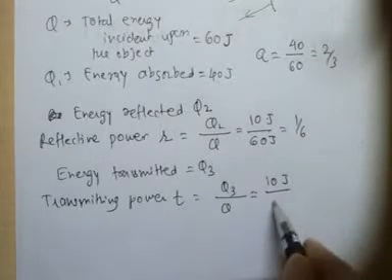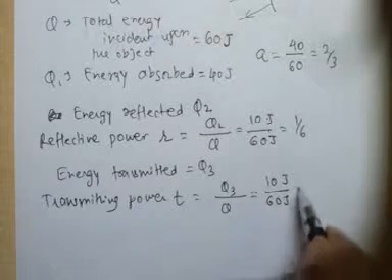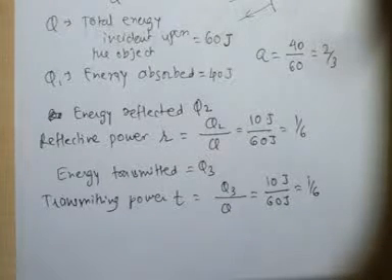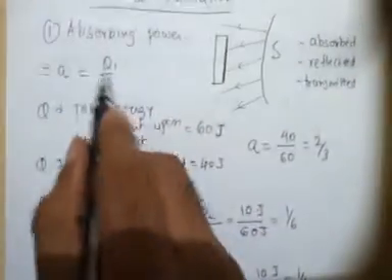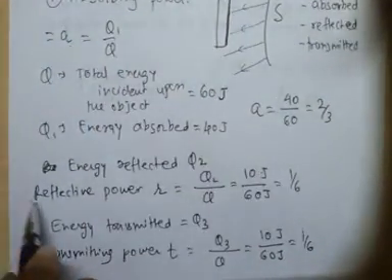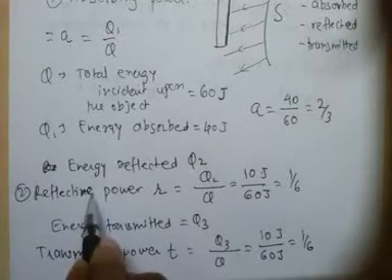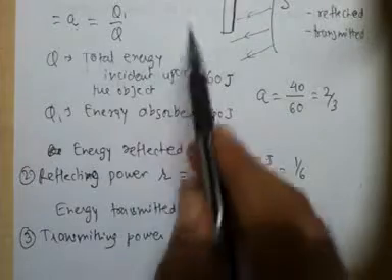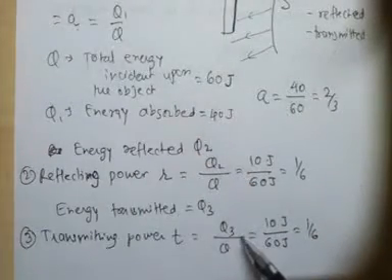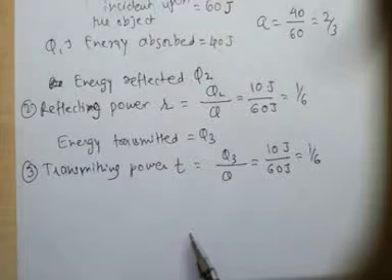So 10 joules is transmitted and total incident is 60 joules, so I get a value of 1 by 6. So I've got three things: one is absorbing power, two is reflecting power, and third is transmitting power. Q1 by Q, Q2 by Q, and Q3 by Q, denoted by A, R, and T.